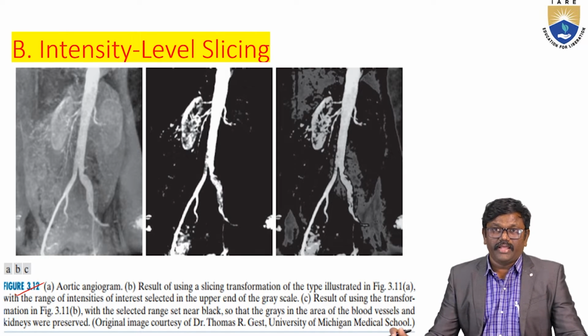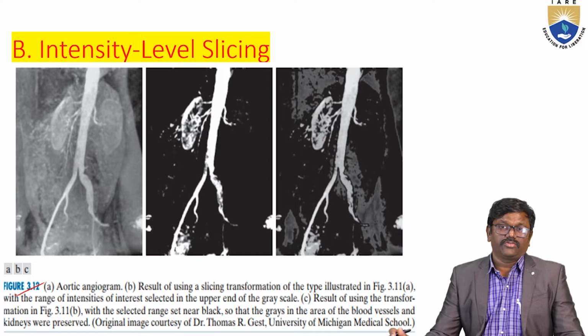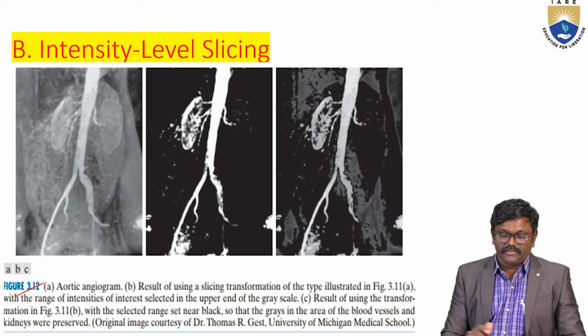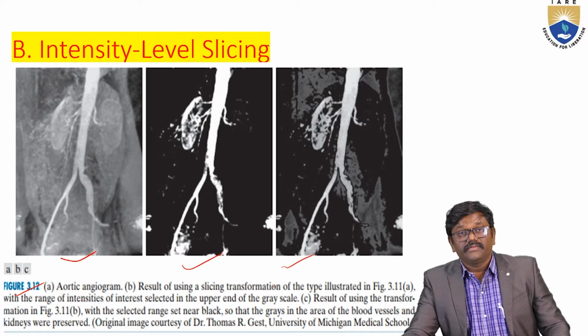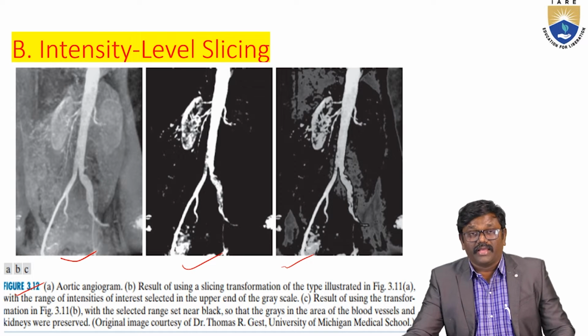Here they are explaining the original image, courtesy of Dr. Thomas R. Guest, University of Michigan Medical School. They have taken this image and processed it in terms of intensity level slicing.